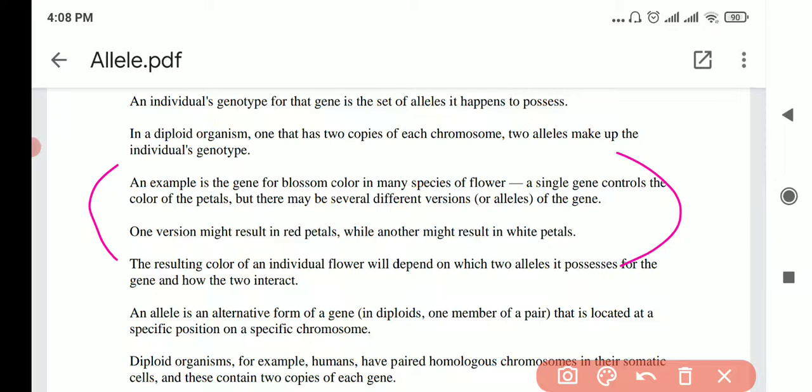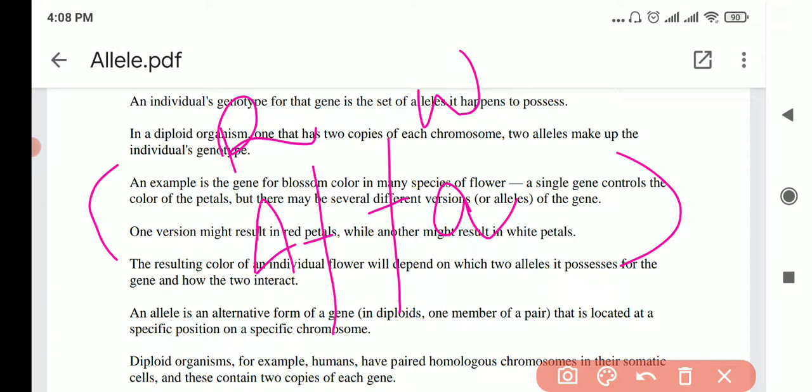It is the allele's job to see which color will express, because the alleles are whether it is capital A or small a. Now I think you're getting it. Whether it's capital A or small a, that will determine whether the flower will be capital A for red, small a for white.